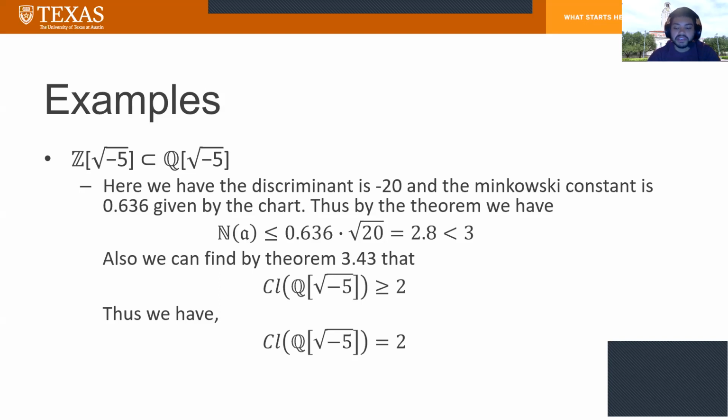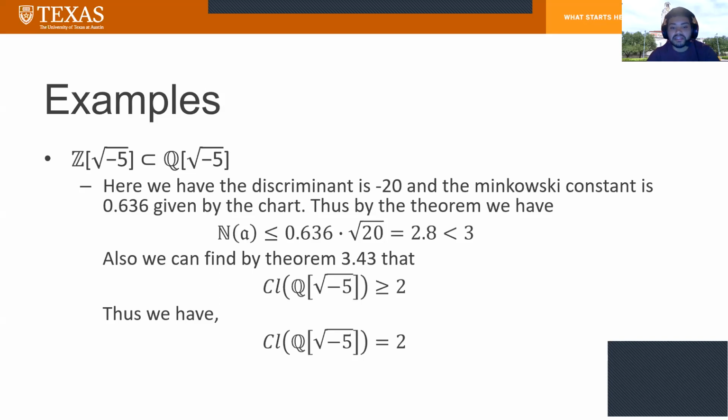We got square root of 20 because remember, in this formula we would take the square root of the absolute value of the discriminant of k, and thus we would get the following inequality, and we have that it is bounded above by 3.